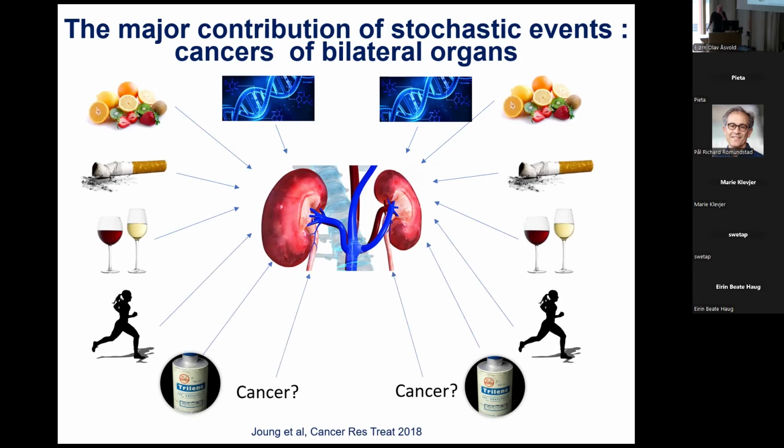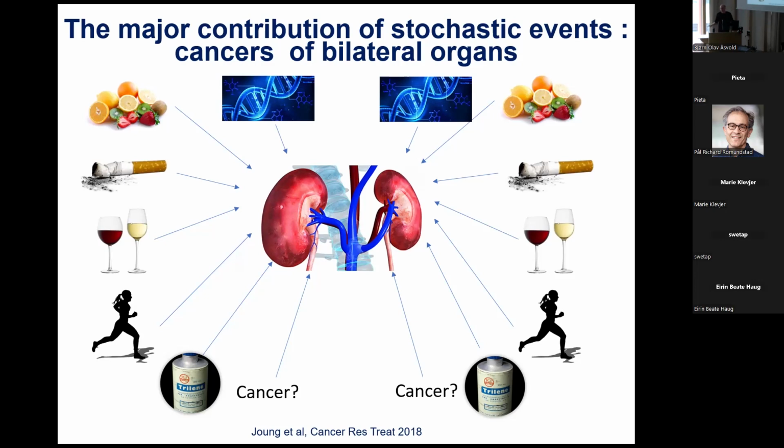But what happens if you develop cancer of one kidney? The other kidney has had exactly the same level of exposure to virtually every exposure that we could sensibly think of that we could intervene in. Not cosmic rays, but you can't study the cosmic rays, maybe a bit like the postman. What's your risk? What happens to the other kidney?